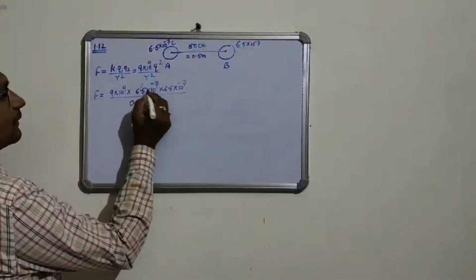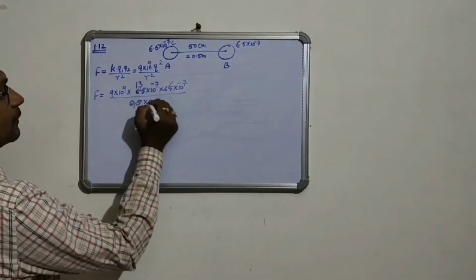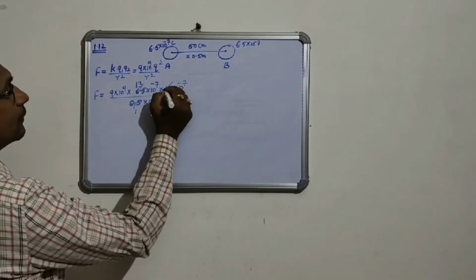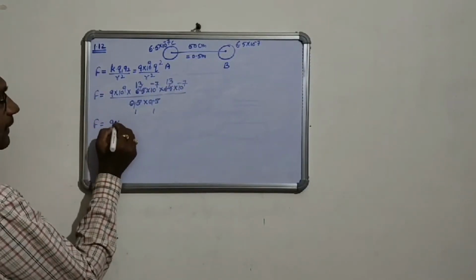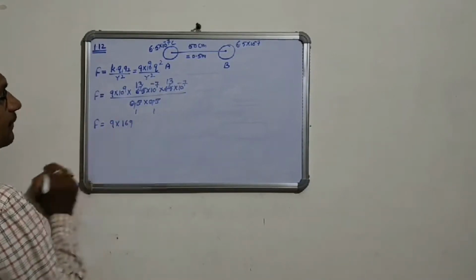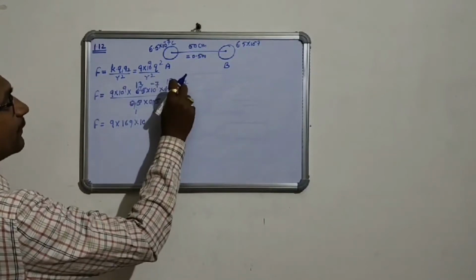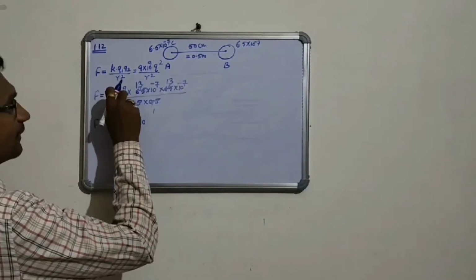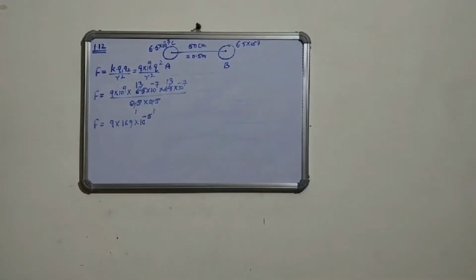So point to point cancel, 13. So F is equal to 9 into 13 into 13, that is 169, into 10 to the power minus 7 minus 7 minus 14 plus 9, so minus 5. 14 minus 9 equals minus 5.